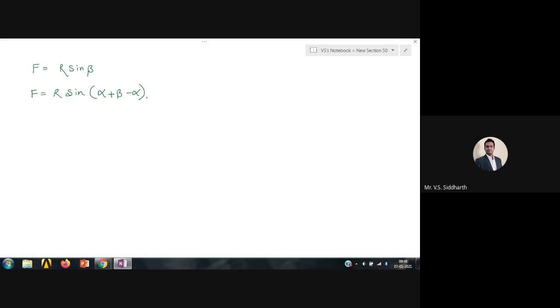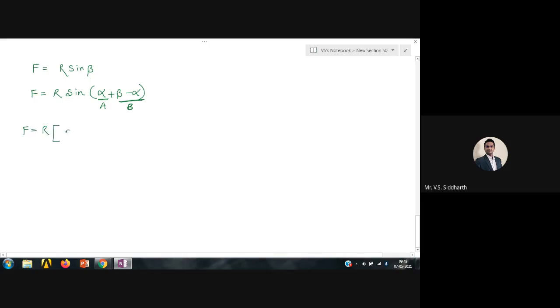If I write it like this, does it make any difference? No difference. Then again, you write it like this and you consider alpha as A, beta minus alpha as B, and you have to use the same formula, right? So I'm not writing the formula, I'm straight away applying the formula, right?